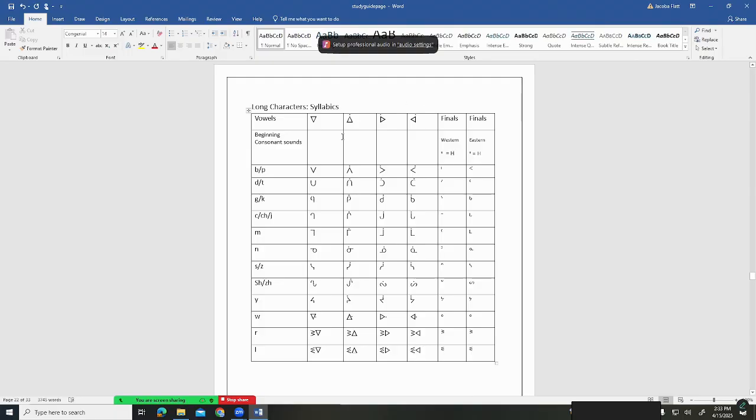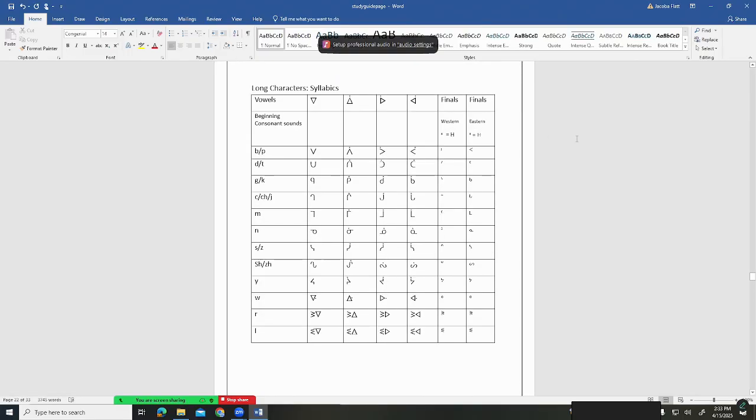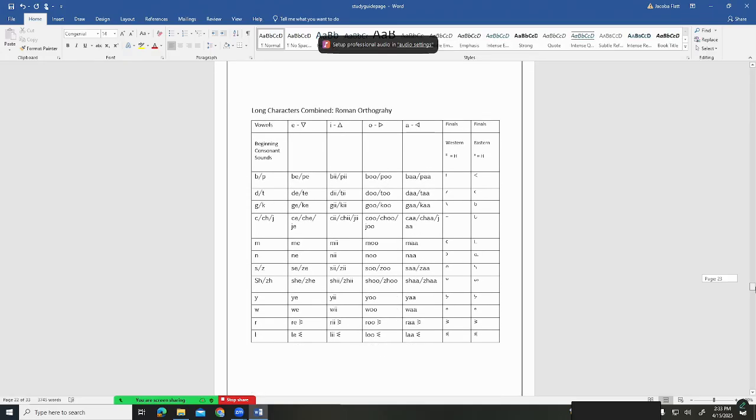With the long characters, it's Roman orthography written in English.